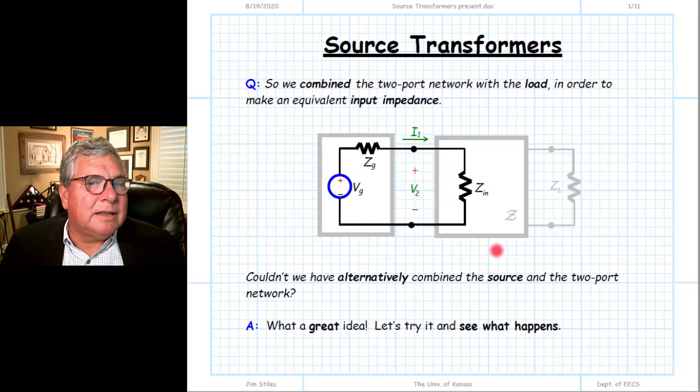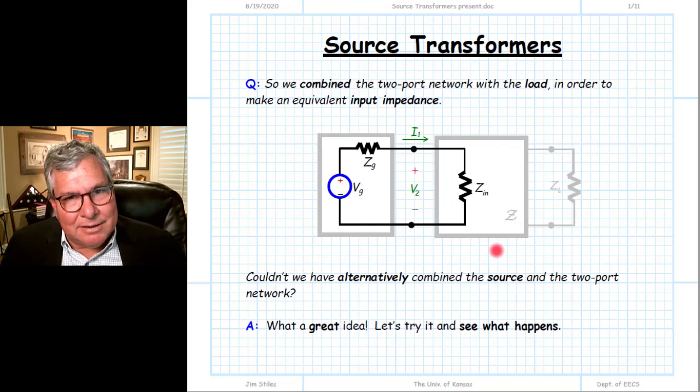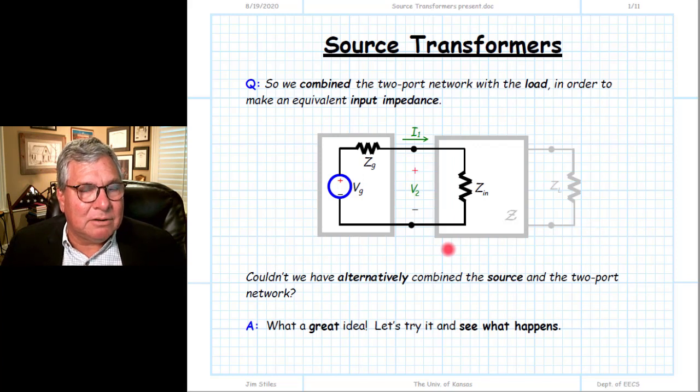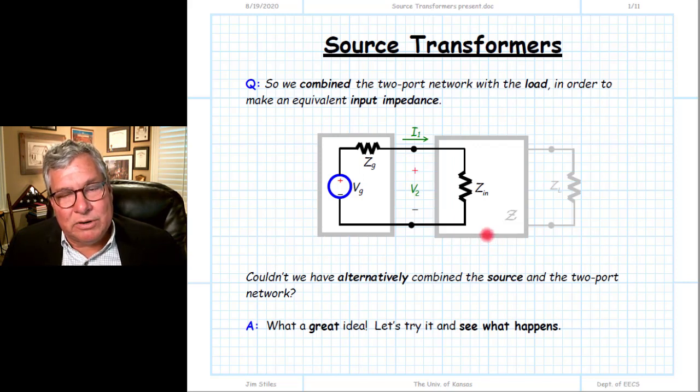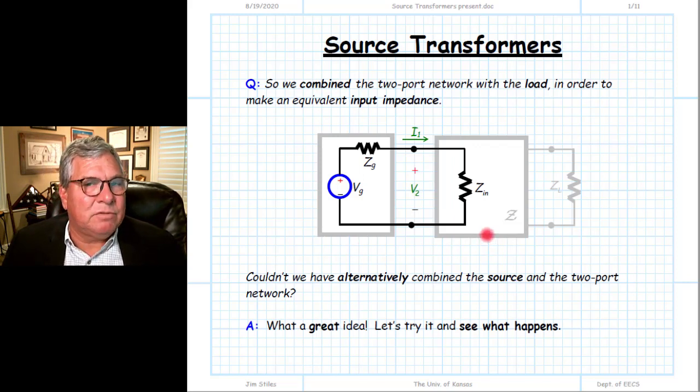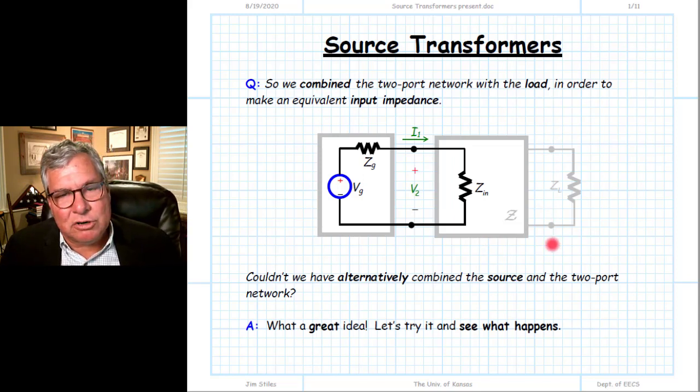Instead of thinking about attaching a load to a two-port device and transforming it into a new one-port device with a new input impedance, what we're going to do is think about it as taking a source and connecting a two-port device to it, and that will transform the original source into a new source, one that we can use to evaluate the voltage and current at this second port, I2 and V2.